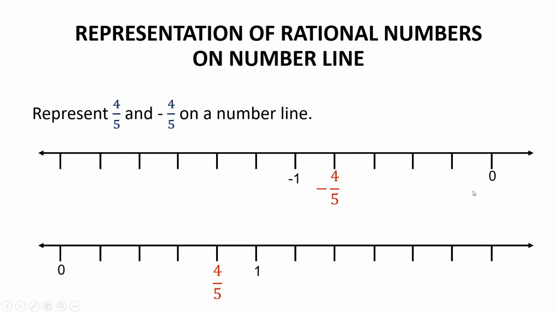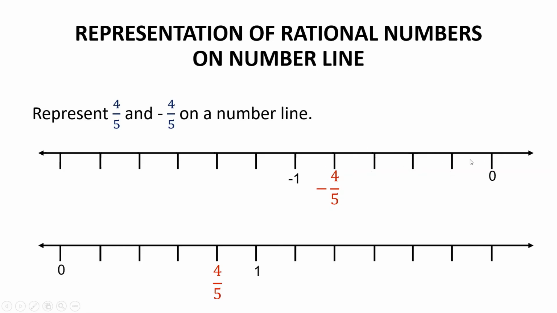Because it is negative, we'll be writing 0 on the right hand side so that we'll have enough space to represent the number on the left hand side. Now because we have to make 5 sections between 0 and 1, we'll be putting 4 marks at equal distance. This is 1, 2, 3 and 4.